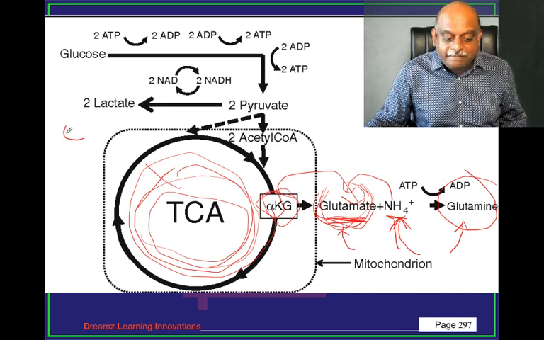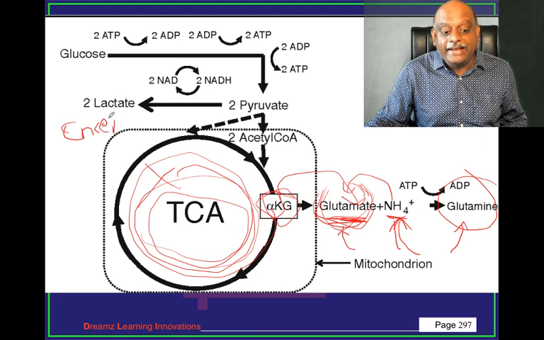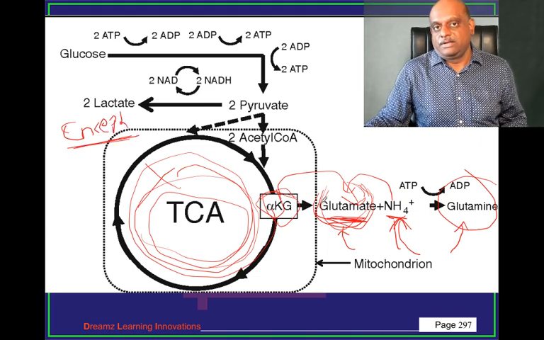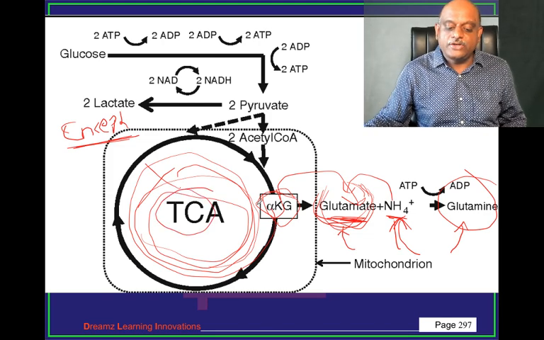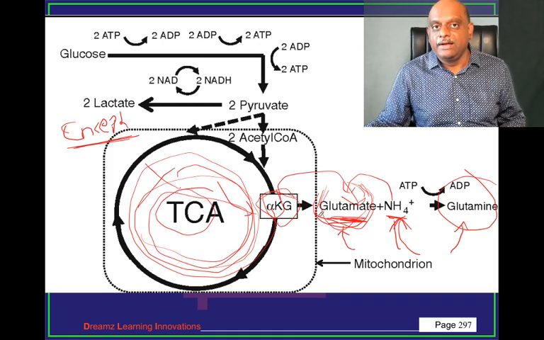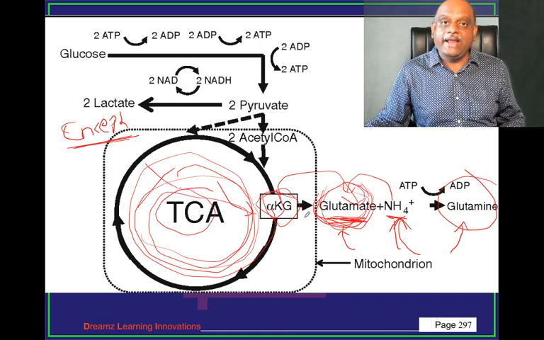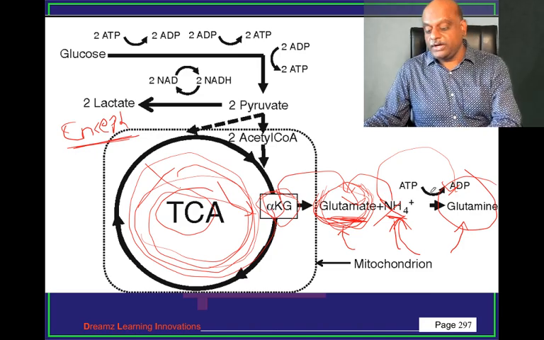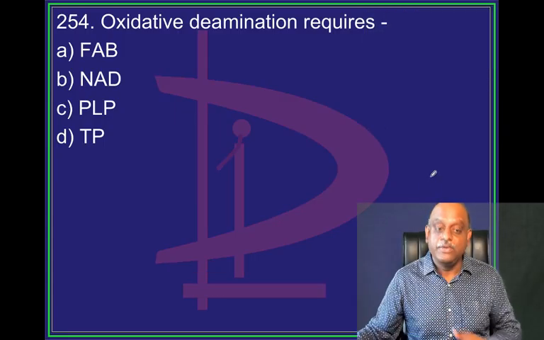That is the reason a person gets encephalopathy in hyperammonemia, because in the brain, one of the roles of the citric acid cycle is to provide the alpha-ketoglutarate, to create the glutamate, to detoxify the ammonia, to convert that into glutamine. That is what you need to understand.